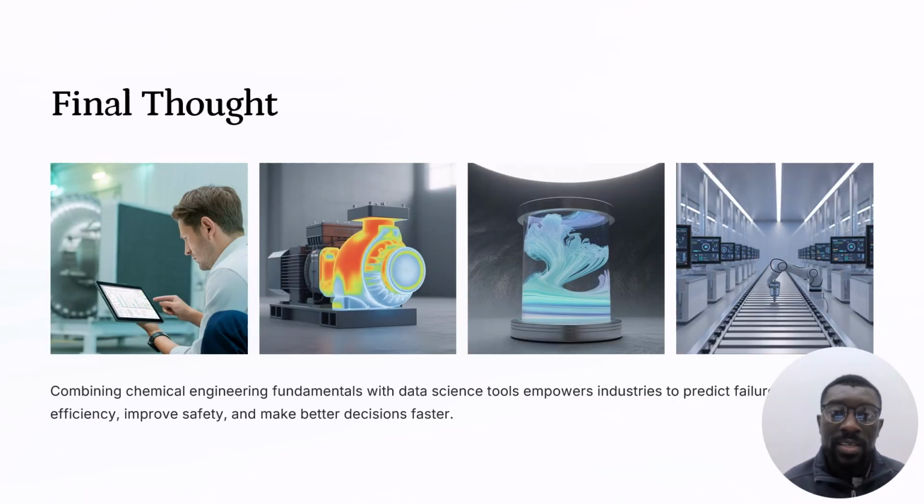The final thought here is to combine chemical engineering fundamentals with data science tools to empower industry and predict failure, improve efficiency and safety, as well as enable better decision making at a faster rate.